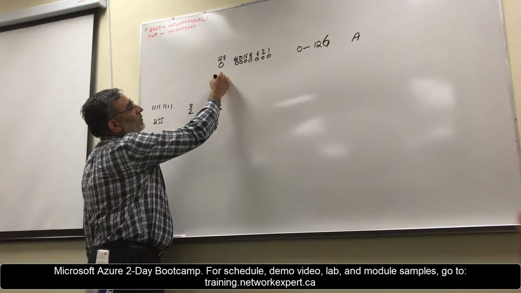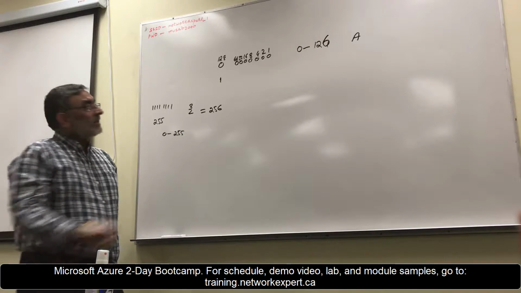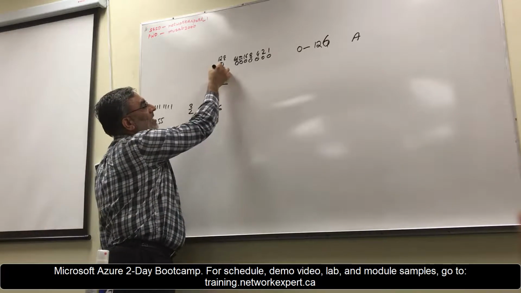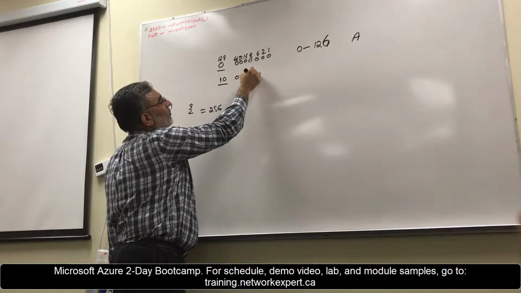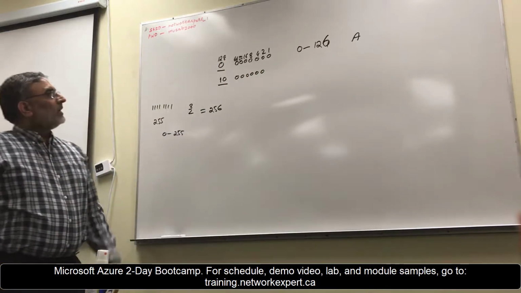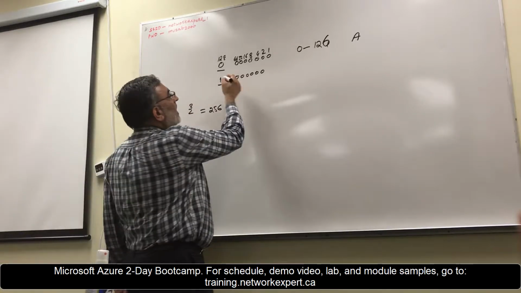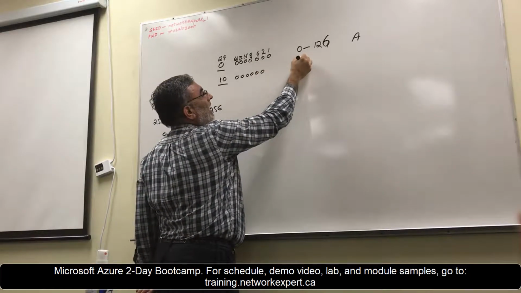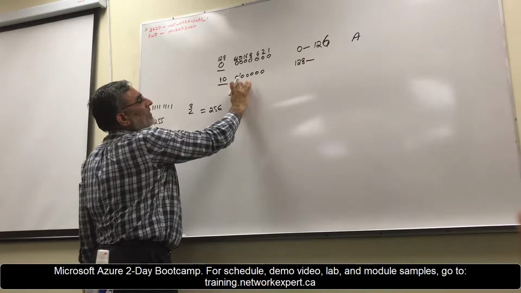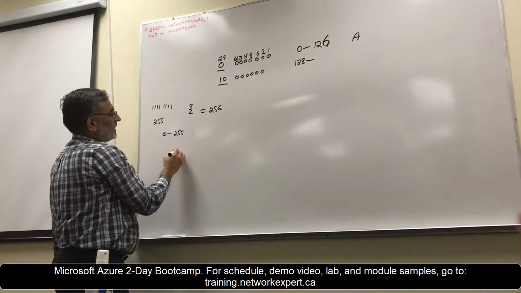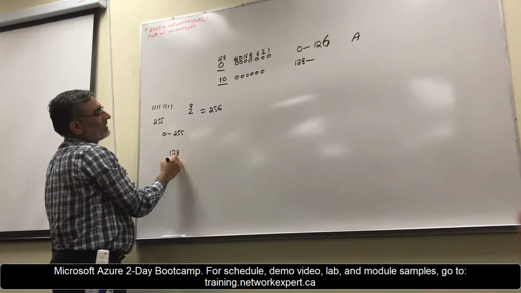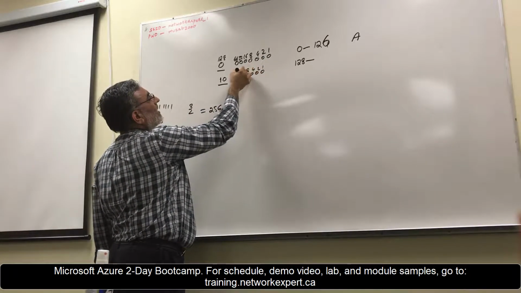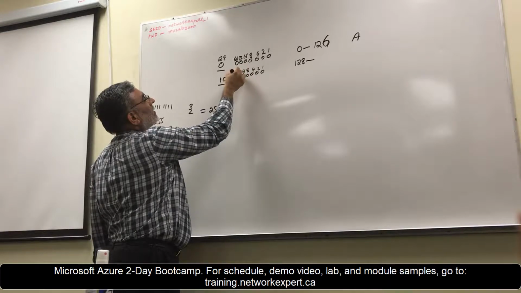For B, take the first bit as 1 and the second one as 0, constant, and the remaining 6 bits are variable. So that will give you from 128, we know that, up to 128 plus 1, 2, 4, 8, 16, and 32.